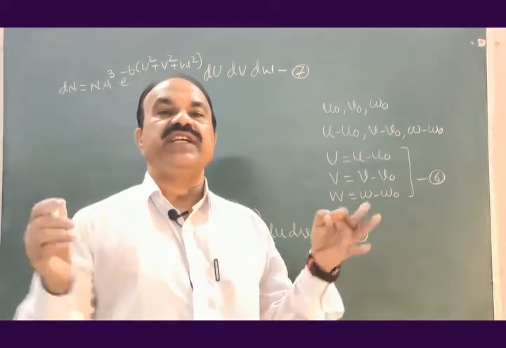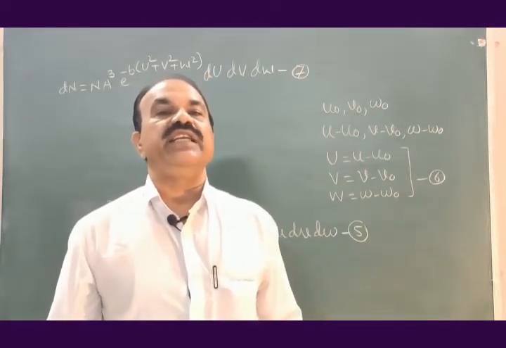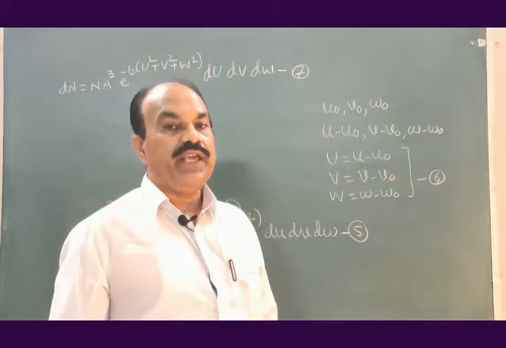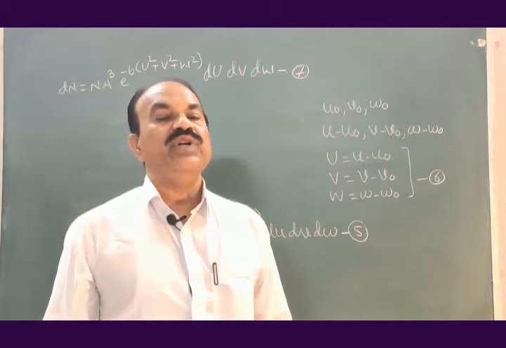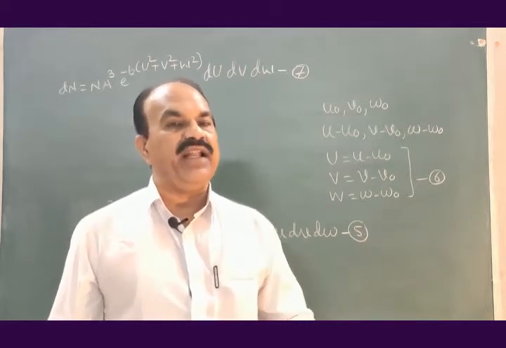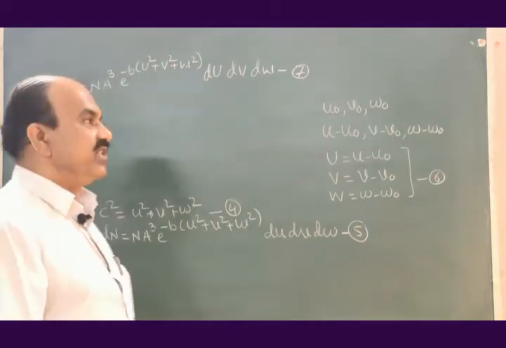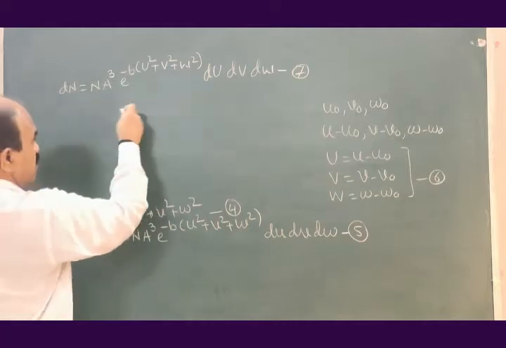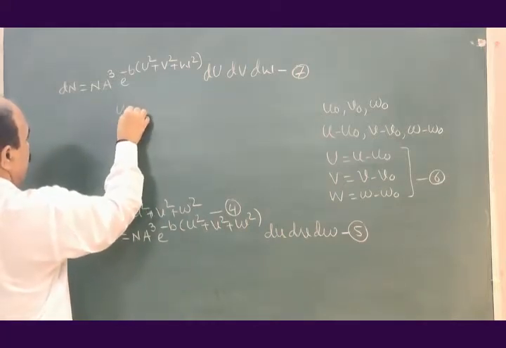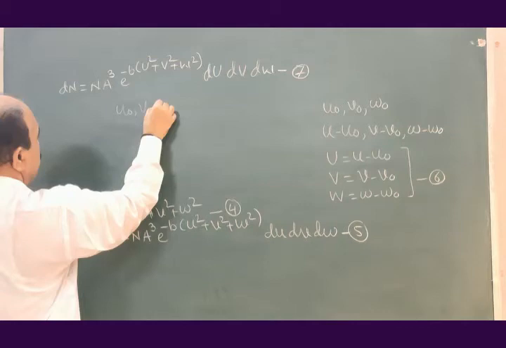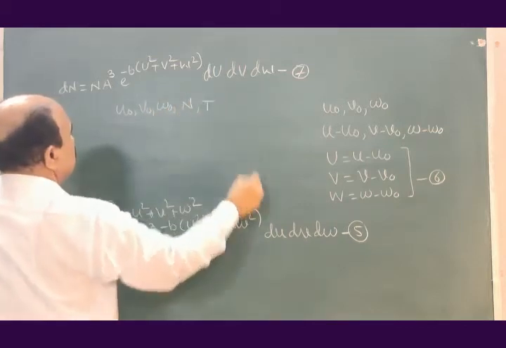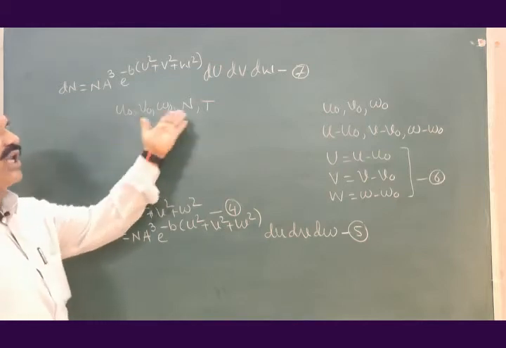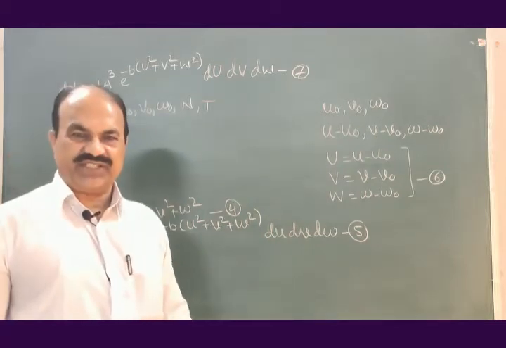Equation 7 is correct for the given gas if u0, v0, w0, n and t all are constant.